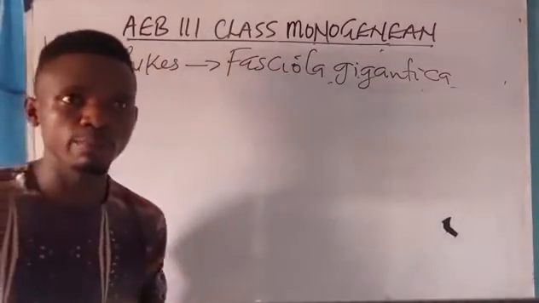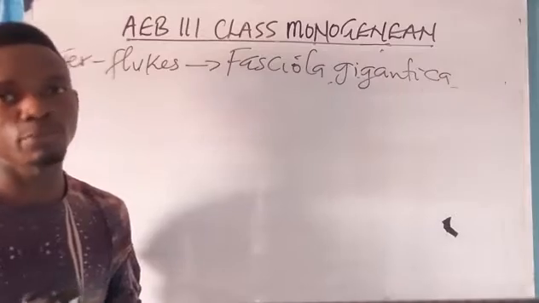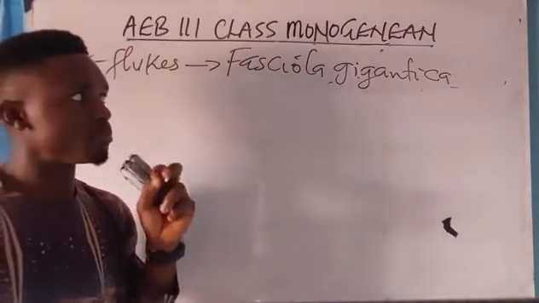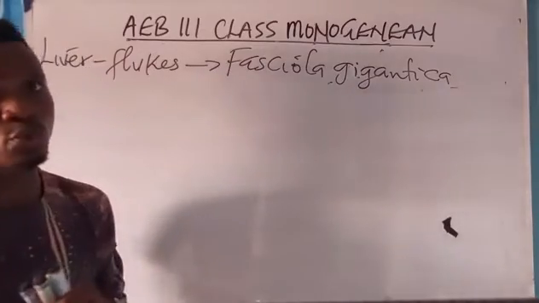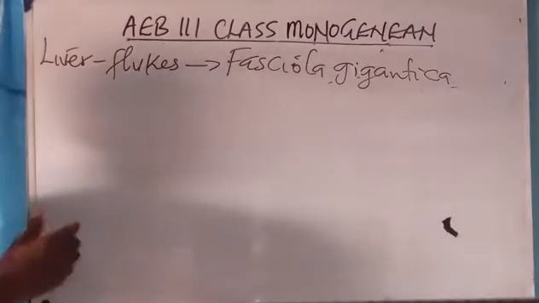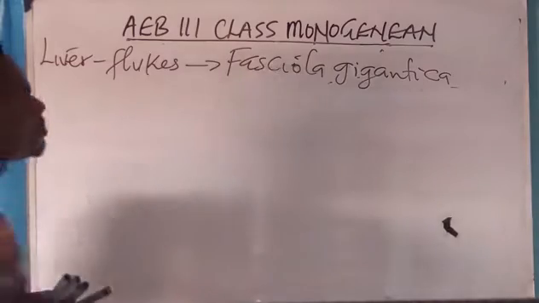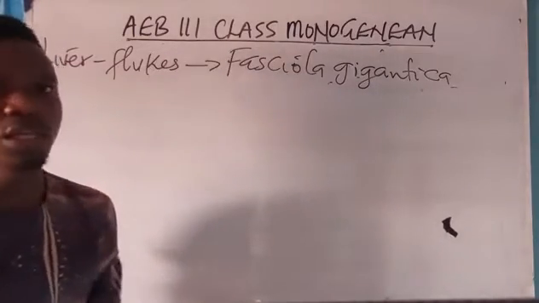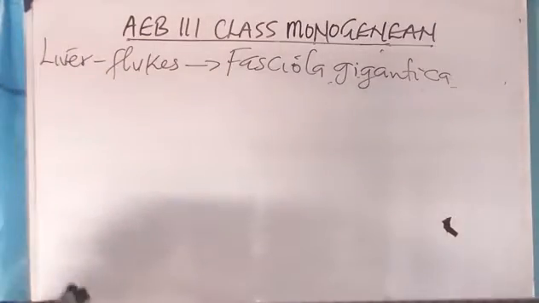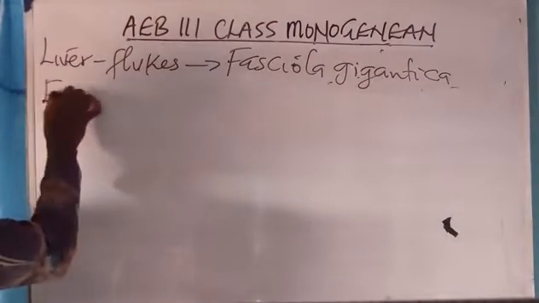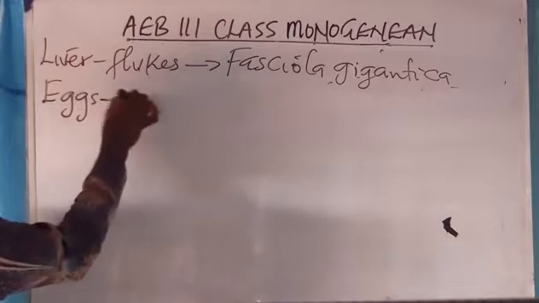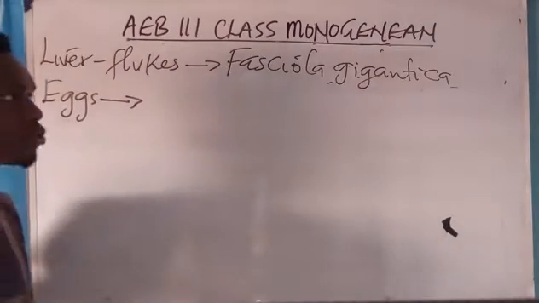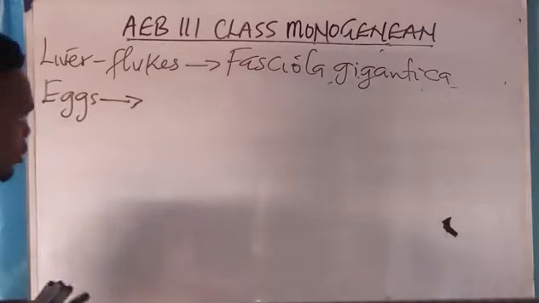You also have Schistosoma mansoni and Schistosoma japonicum, but the most conspicuous or representative member is Schistosoma haematobium. Now, in the case of Fasciola gigantica, its reproductive mode: eggs are released into the water. Now the eggs undergo embryonation.